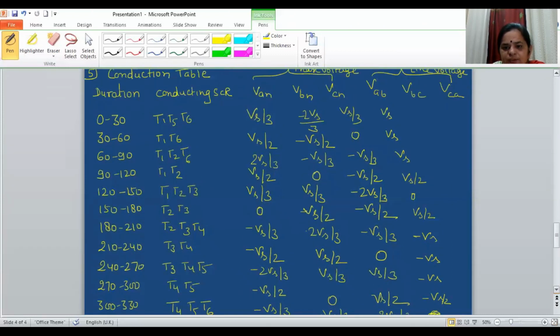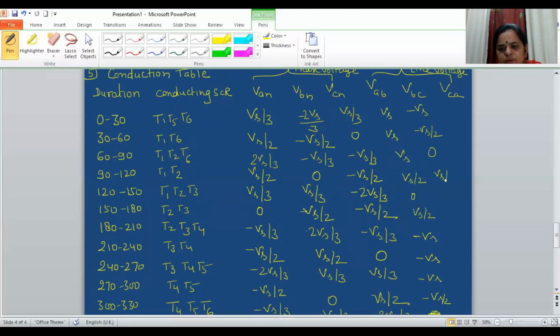Now similarly, if I want to calculate VBC, what VBC am I going to get? VBC will be VBN minus VCN. So if I subtract this Vs by 3 from A, I will get minus Vs. So this will be minus Vs by 2. This will be 0.